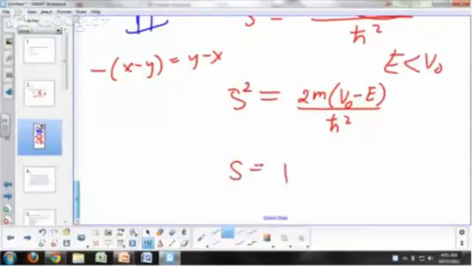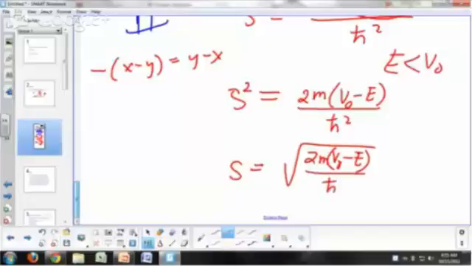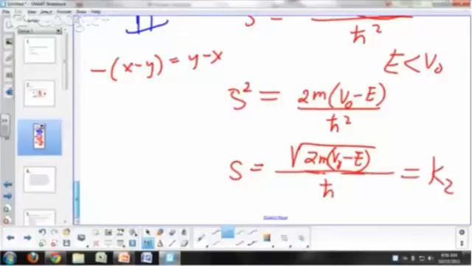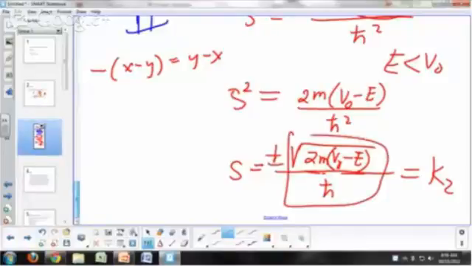So this is just going to be the square root of 2m times v naught minus e over h bar squared. Or if you take the h bar squared out of your square root sign, you'll have the square root of 2m times v naught minus e, over h bar. And this is what we call k2. Okay? Plus or minus. So it's plus or minus k2.